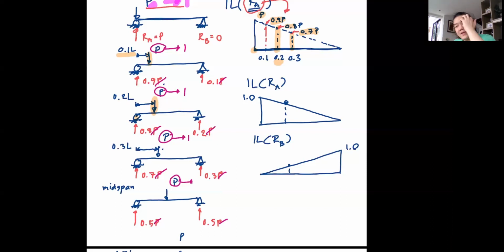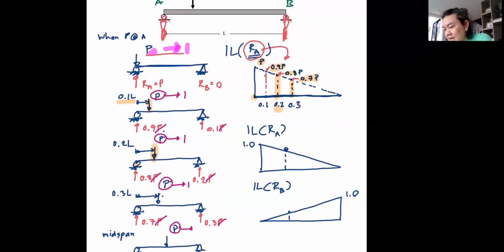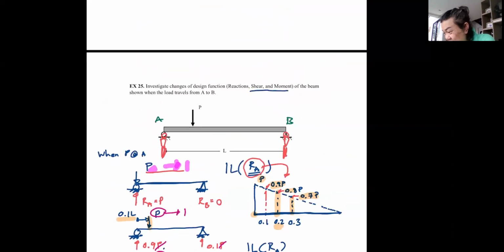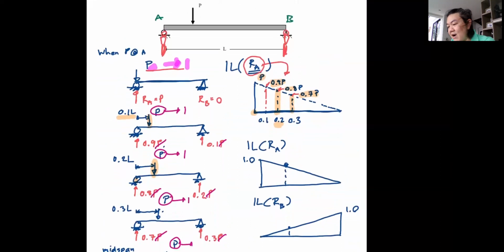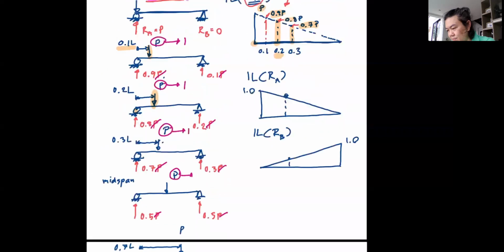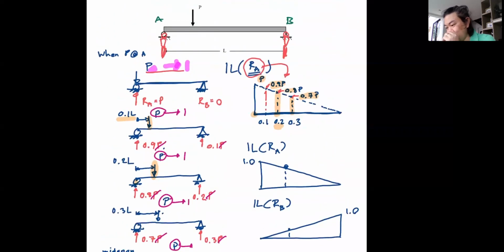For example, with the same moving loads, instead of showing just the values of the reactions, I can also investigate the change of the shear and the change of the moment on any location of the beam when the load moves from A to B as well. I'm just going to try to find a way to manipulate this.